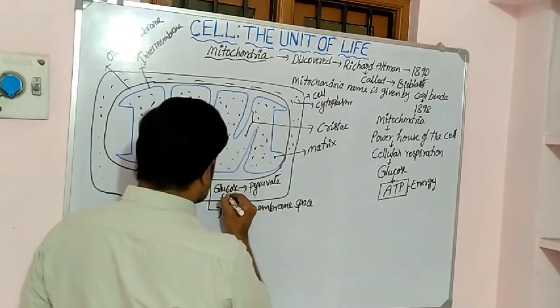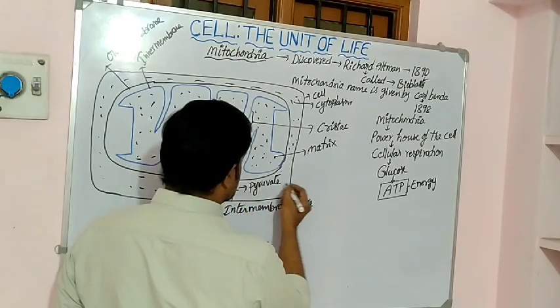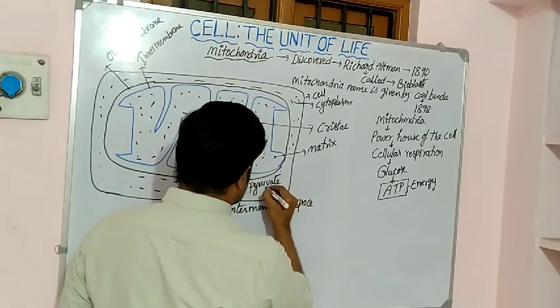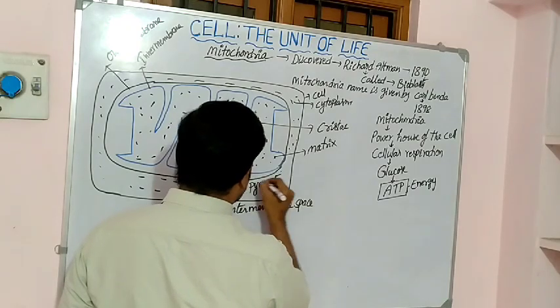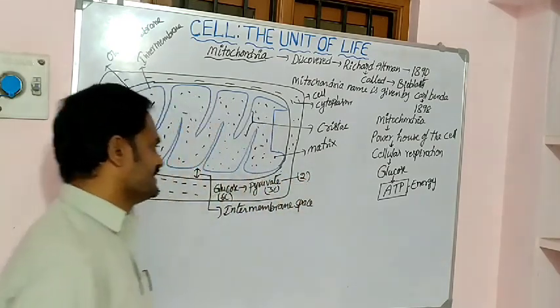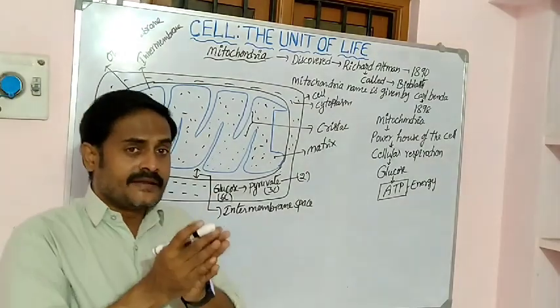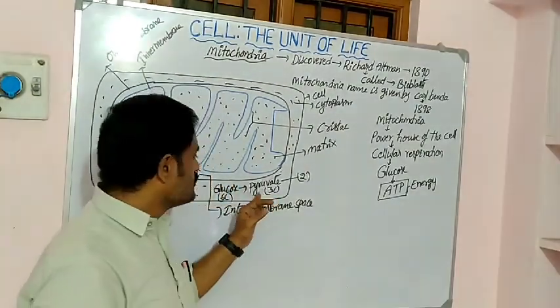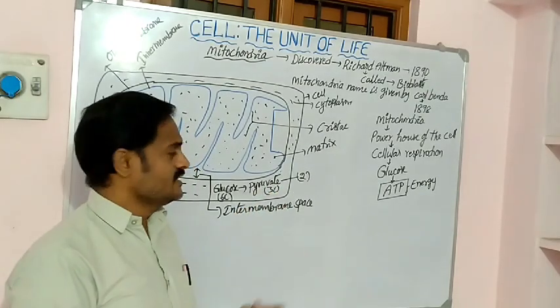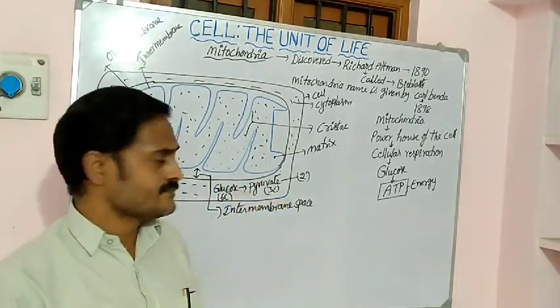Glucose has 6 carbons. Each pyruvate has 3 carbons. So in total, 2 pyruvates. Remember, one glucose molecule breaks down into 2 molecules of pyruvate. Each pyruvate has 3 carbon atoms.